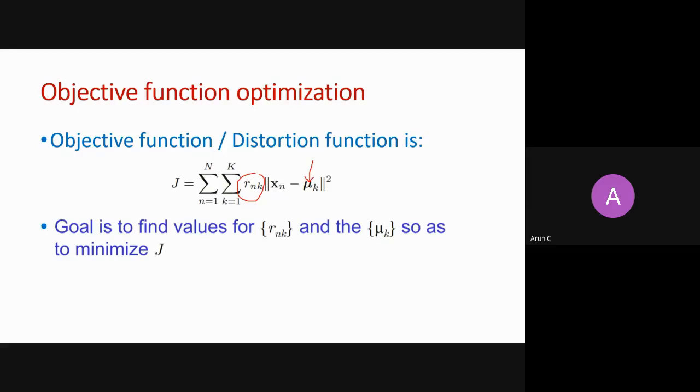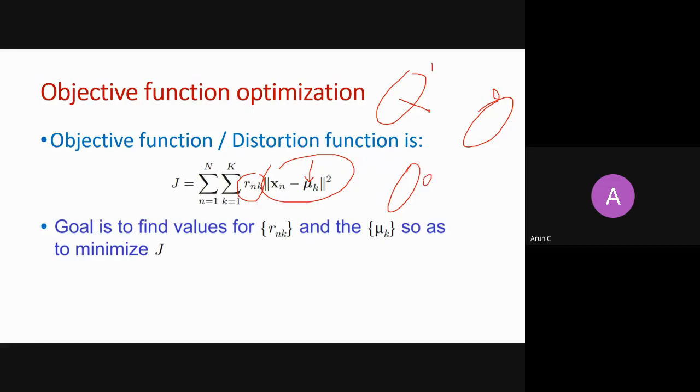And when we minimized this cost function, we found out that x should be assigned to the cluster where it is near to the mu k. So this quantity should be small, and hence r_nk should be 1 for that particular cluster, and the rest of them should be 0.